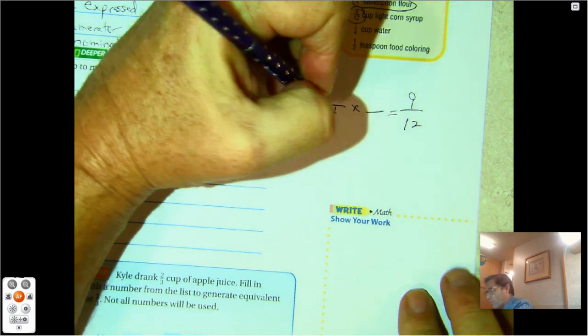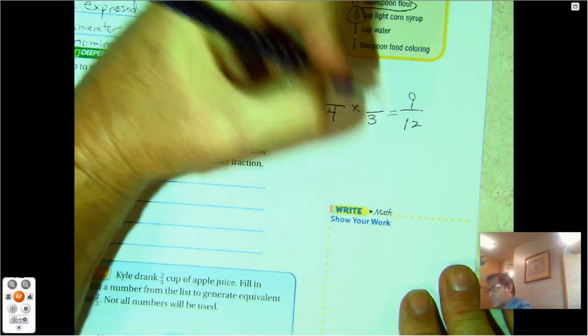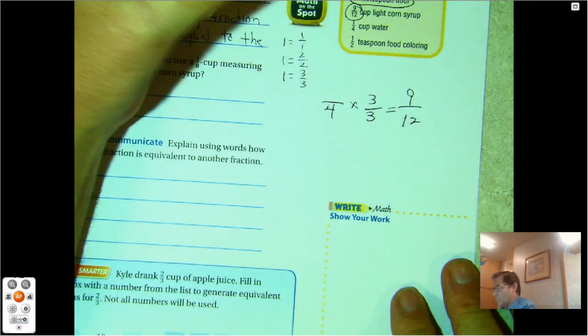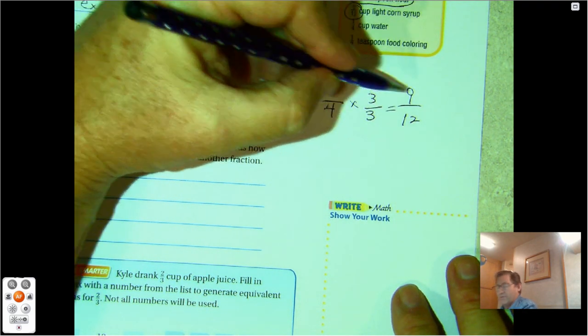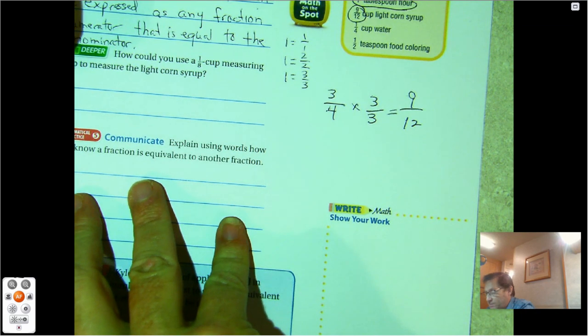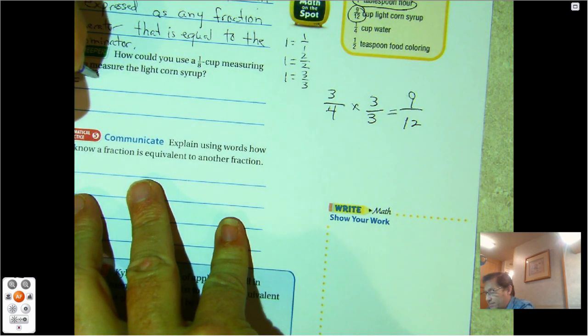Well, this fourth is 3 times bigger than 12ths. So what number times 3 would give me 9? 3. Okay, so 9/12 equals 3/4.